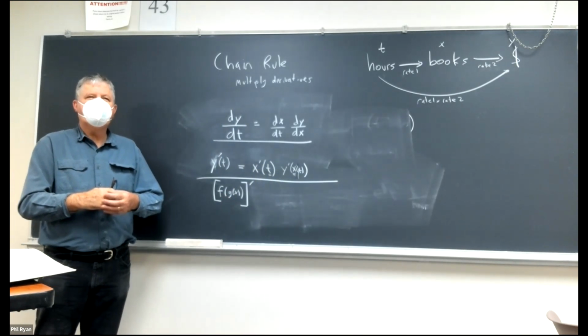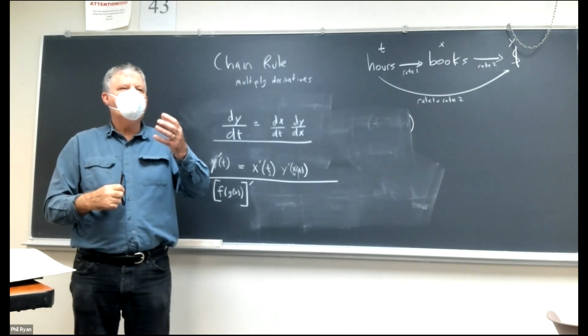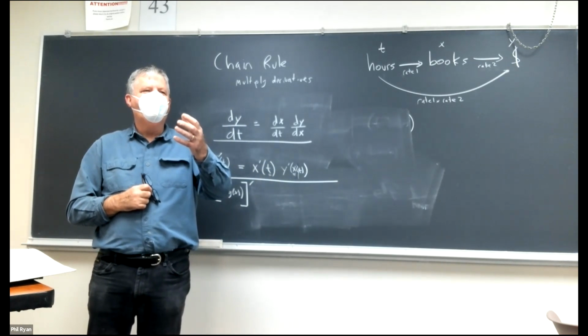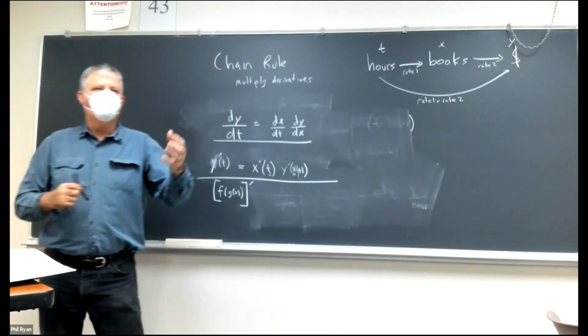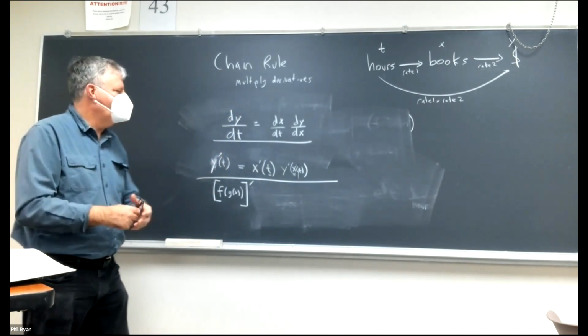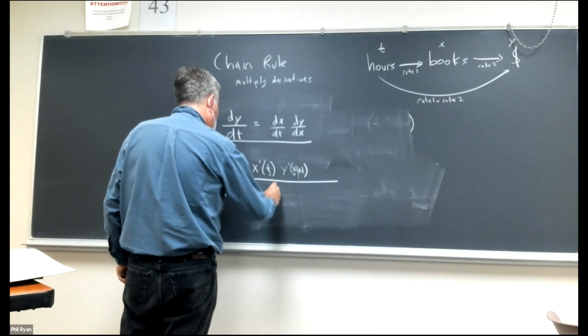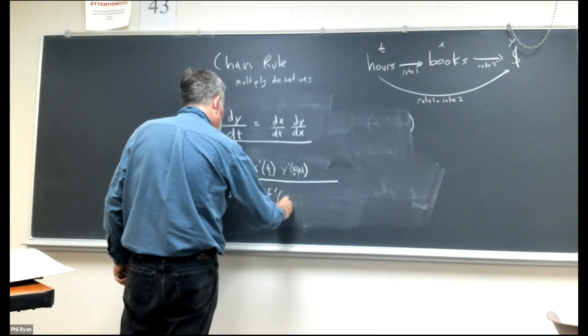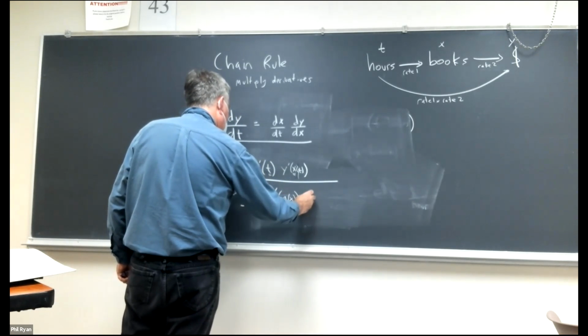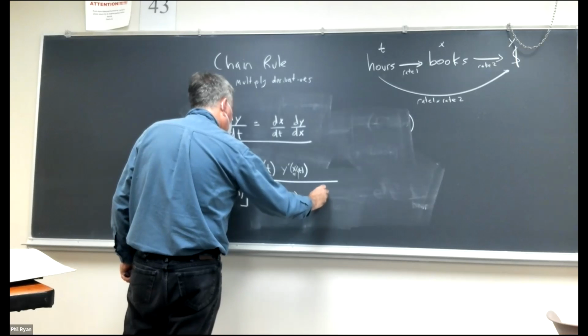Nesting. It's nesting, but it's like a musical term. Composition. We compose, so you've probably heard that. That is equal to f prime of g of x times g prime of x.